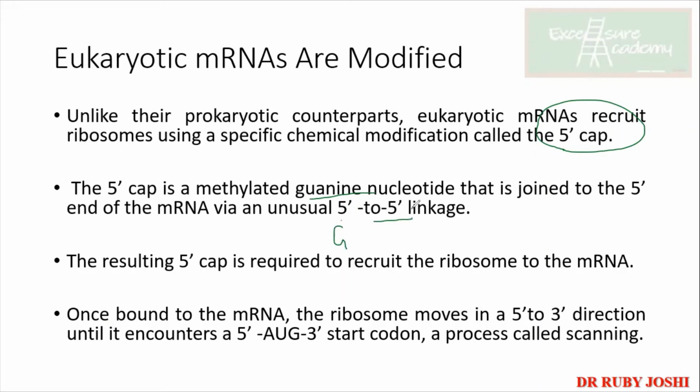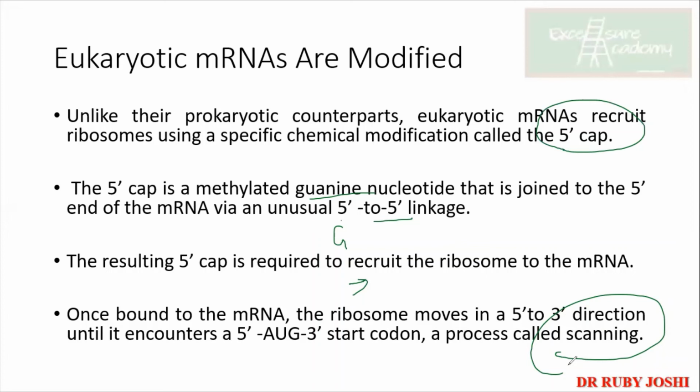Now what happens is that the ribosome, in the case of eukaryotes, will scan for this 5' cap. And once they get this 5' cap, then they start reading your start codon. That particular process is known as scanning. So, see, in the case of prokaryotes, it was the RBS sequence which was scanned by the ribosomes. Once they get the RBS, the Shine-Dalgarno sequence, the ribosomes get properly aligned and the translation happens.